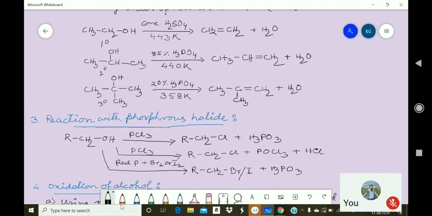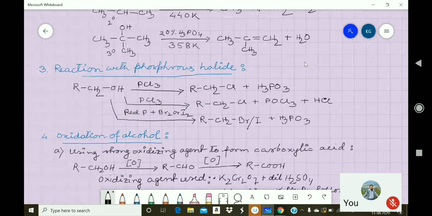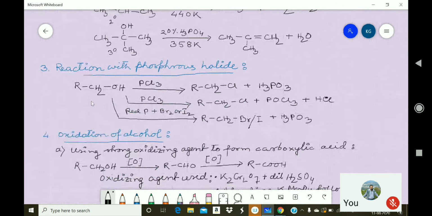Now let us find the next reaction, reaction with phosphorus halide. This reaction we can find also in the haloalkane haloarene chapter, where alcohol, when reacted with phosphorus halides, gives rise to the halogen substituted product. By using phosphorus pentachloride or phosphorus trichloride, we can get these products.